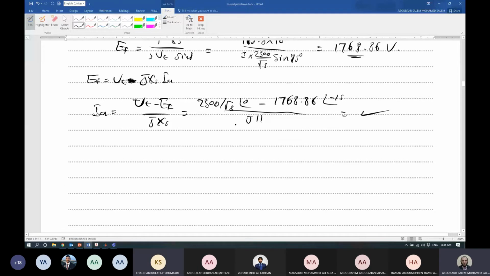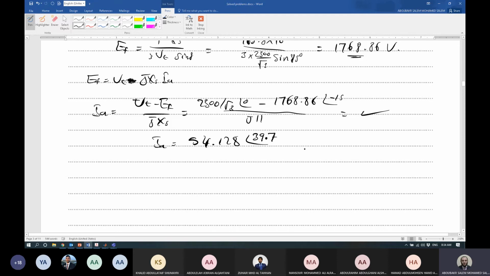So we can get here the value of the armature current. Let's calculate it quickly. The value of current will be IA equals 54.128 at angle 39.7.